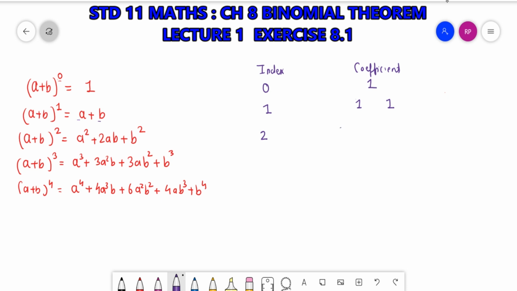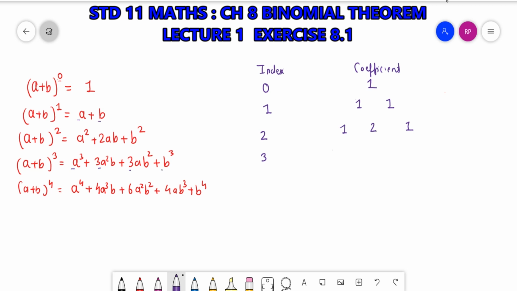So I can write in this way: 1a square plus 2ab, meaning 2, plus b square. When I take index as 3, it's 1a cube plus 3a square b plus 3ab square plus 1b cube.